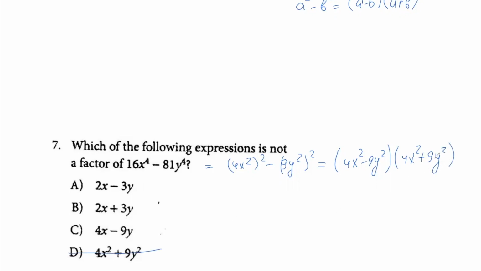This is a factor, as you know. Let's simplify this part. Can we write 2x minus 3y and 2x plus 3y? Yes, because it is like 2x squared minus 3y squared. So 2x minus 3y and 2x plus 3y are factors. This is not a factor.